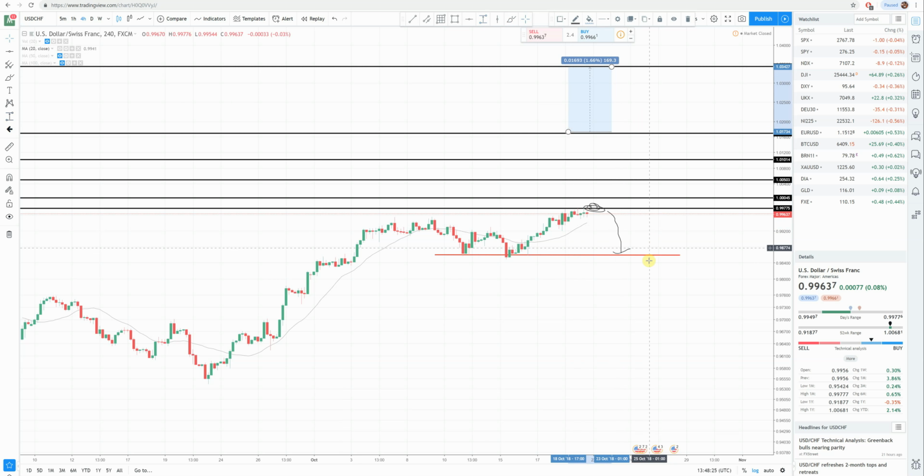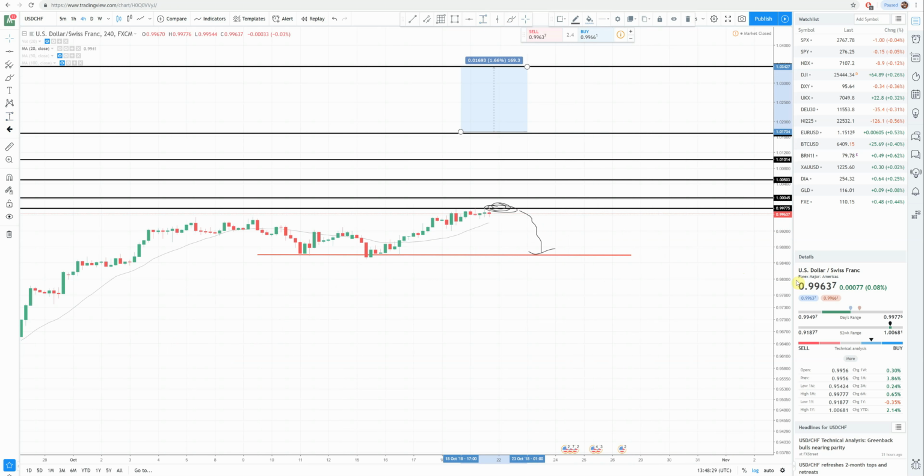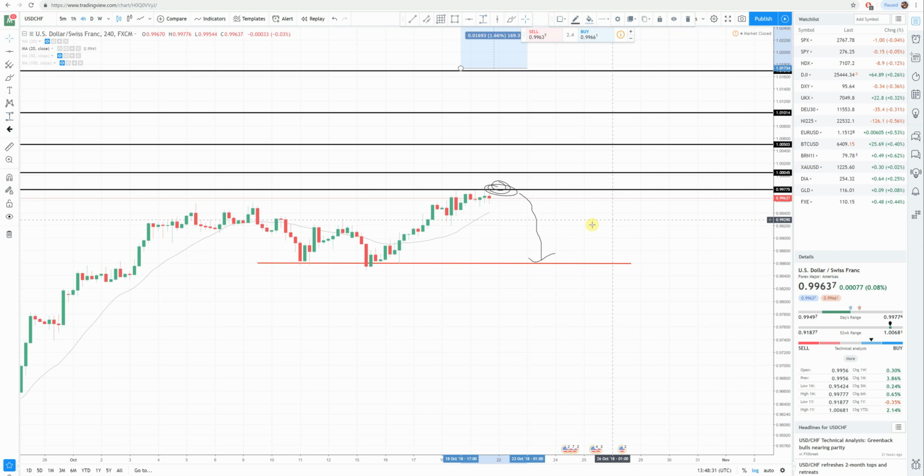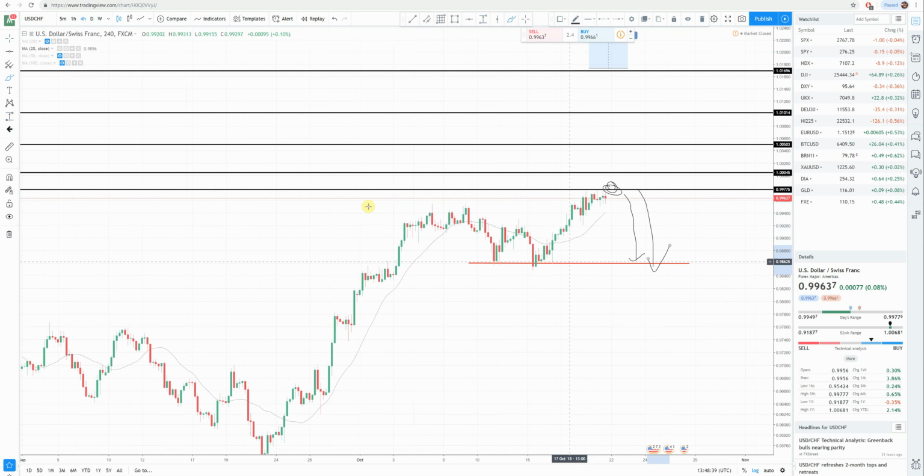That will probably not happen within the next few days or weeks even, which means I would probably be more keen on waiting for this reversal back to support levels. We'll see. Right, that's it for USD CHF.